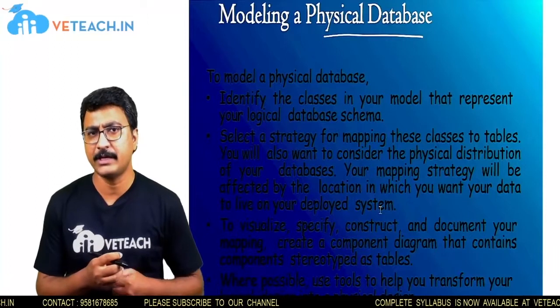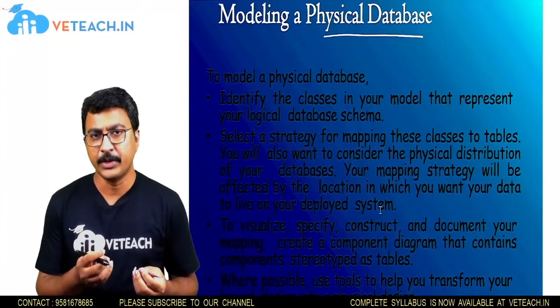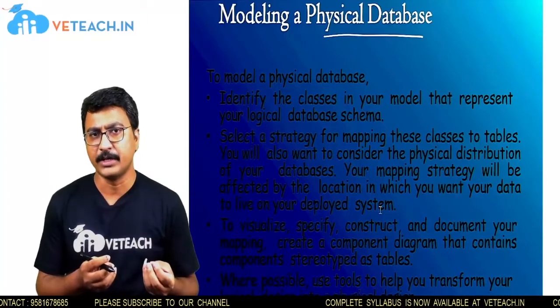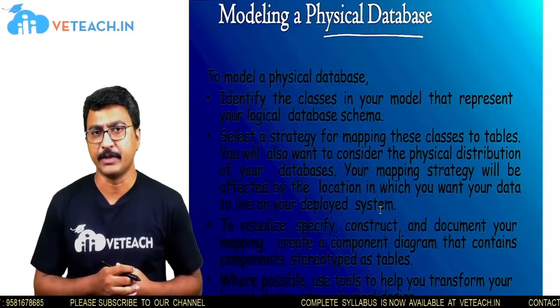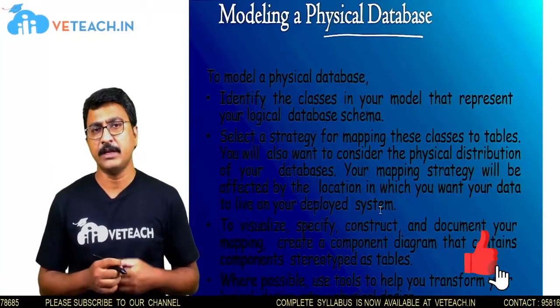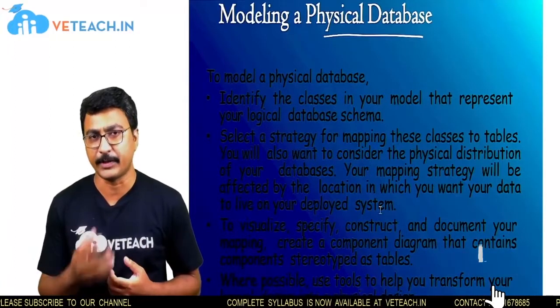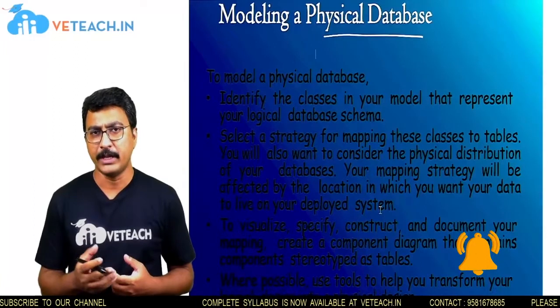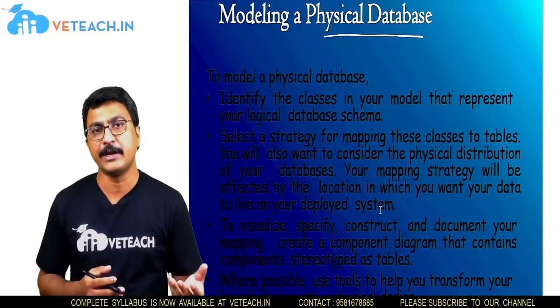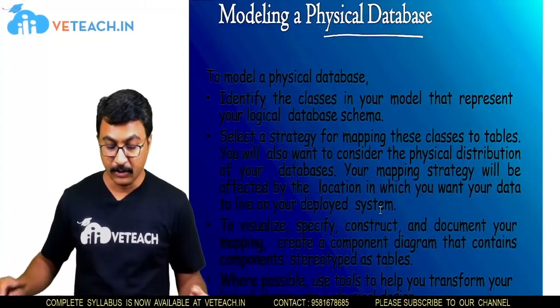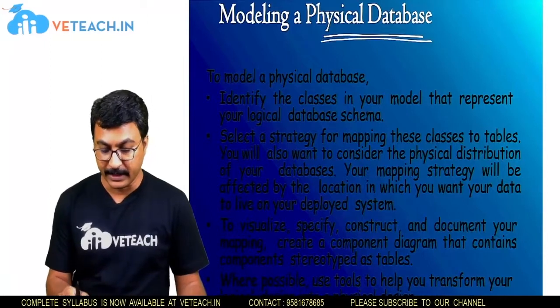Each table, when it relates with another table, creates a component, and there is a relationship between them. If an operation performed on one table modifies data on the other table also, that can be shown with the help of a physical database.